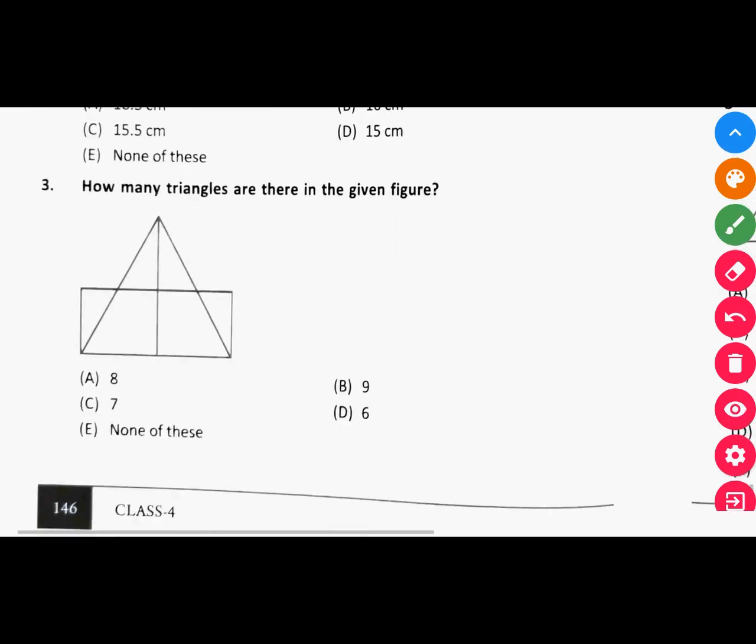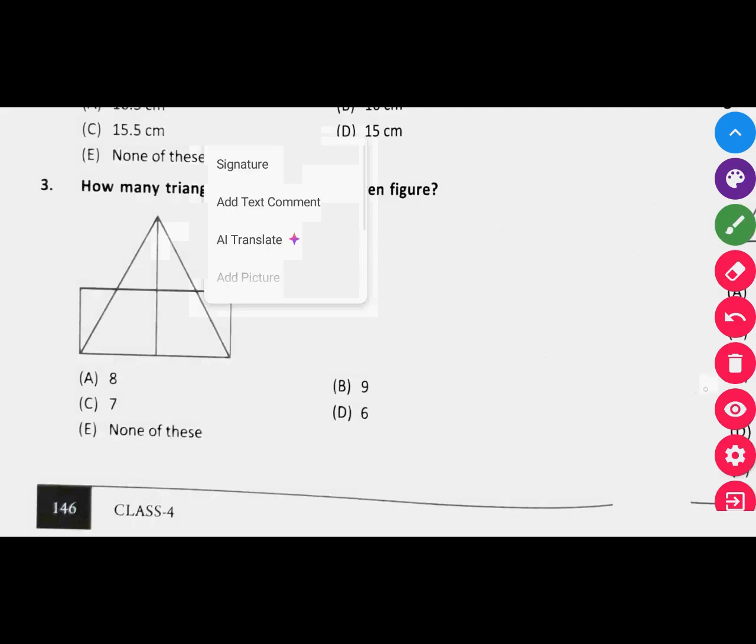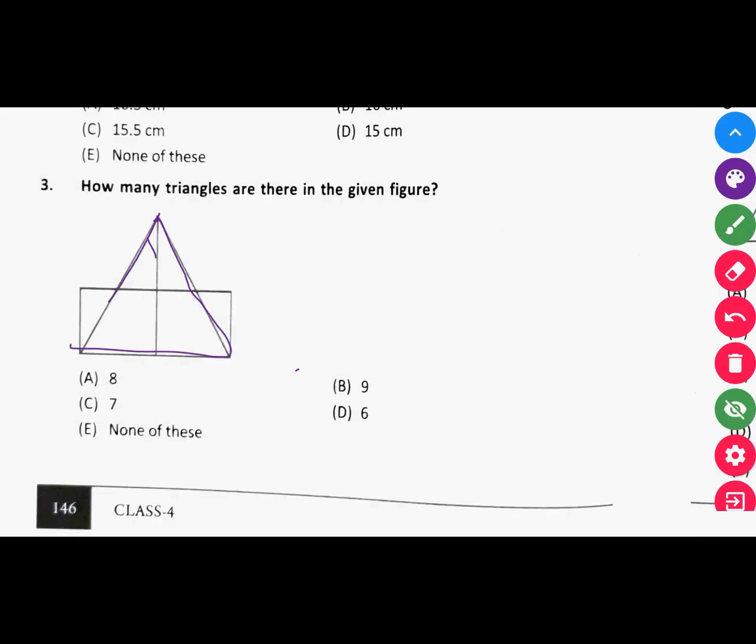Now how many triangles are there in the given figure? Now we will calculate one by one. So first the clearly visible triangle is there, which is triangle number 1, 2, 3, then 4, small ones in between the big, it becomes 4, 5, 6.